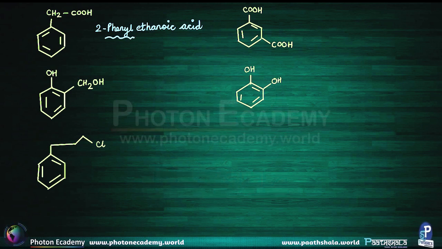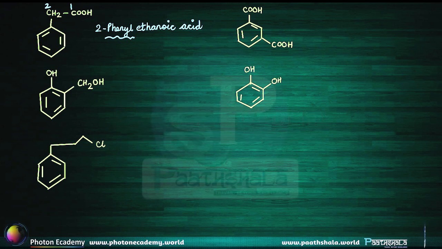And thus 2-phenyl comes from this. So 1 and 2. At the 2 position we have the phenyl group, and then the carbon at 1 has ethanoic acid. So this is how the name of the compound is assigned.